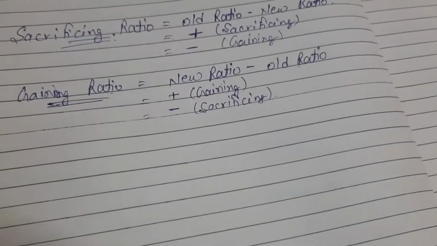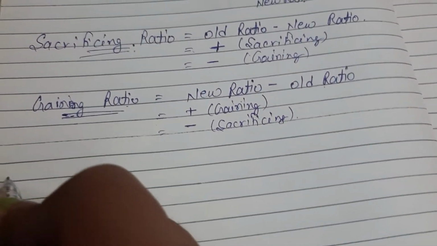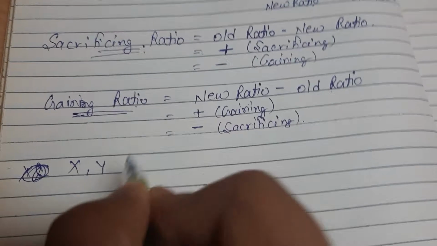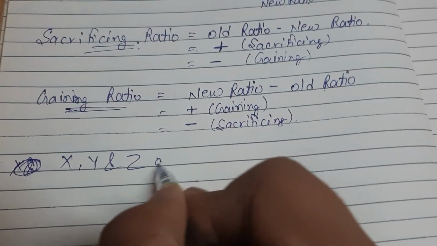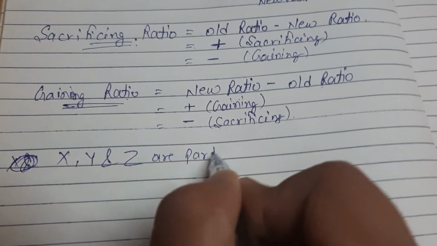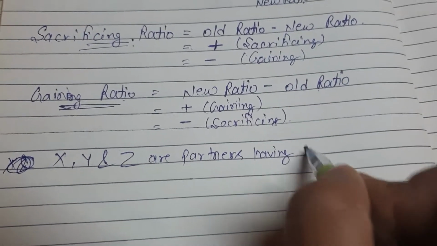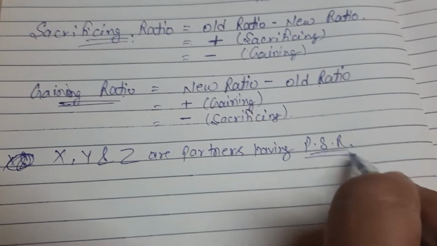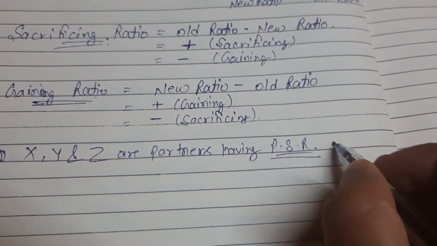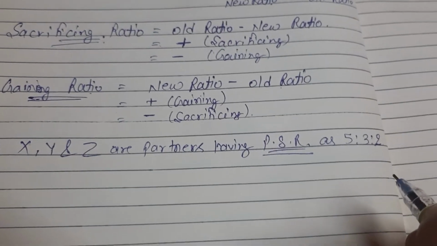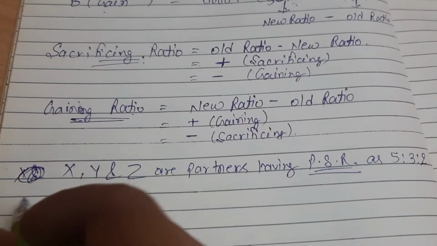Let's take an example. X, Y and Z are partners having a profit sharing ratio, PSR means profit sharing ratio, of 5:3:2. What was the ratio? 5:3:2.